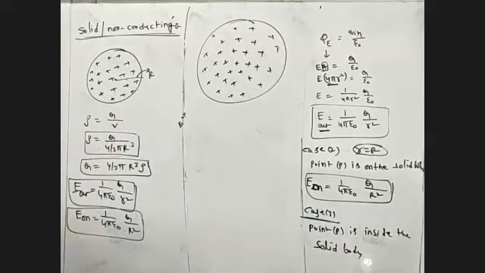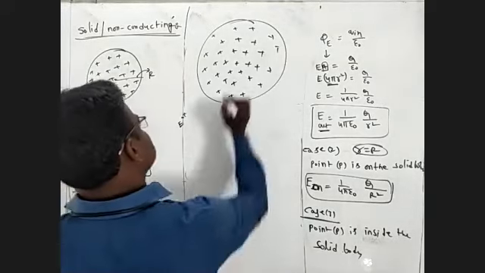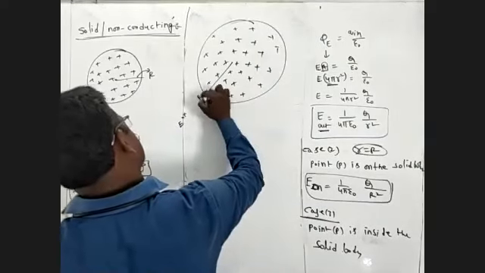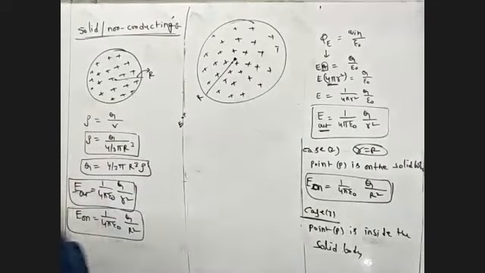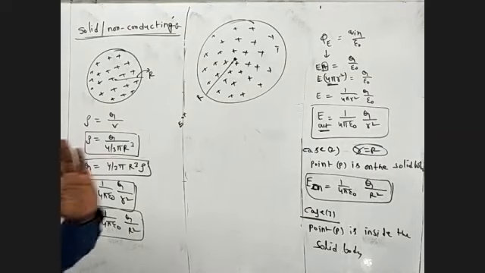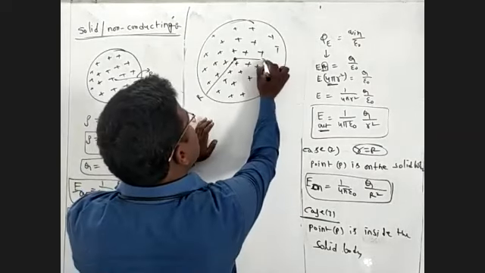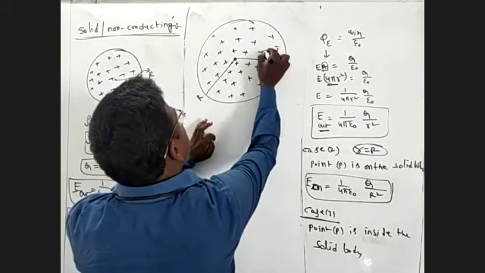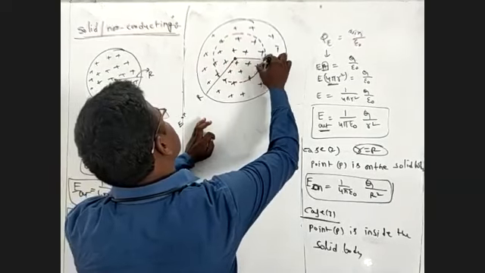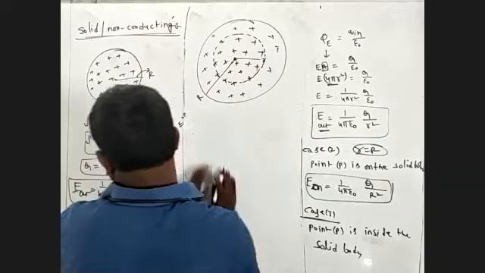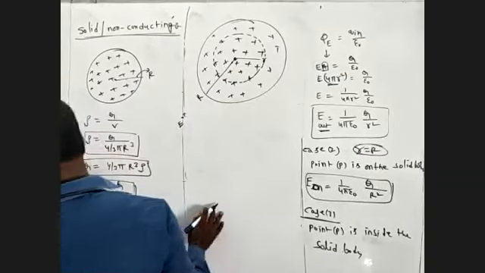This is the radius, capital R. Inside means I'm taking from the center to small r, so we have to draw the Gaussian surface.